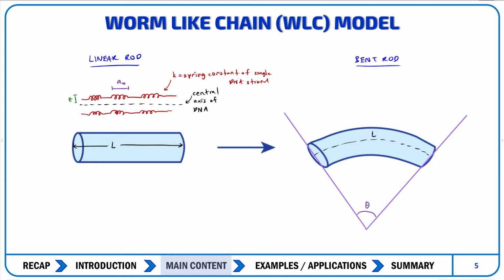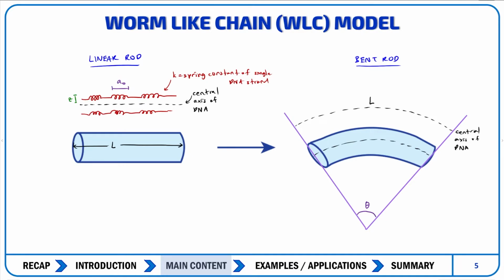And if I just extend it a little bit like this, I can consider this to be my central axis of DNA. Just like before, now the axis is bent, and we're just simply going to call this L. I don't want to make this diagram more busy than it is. I've essentially expanded this so that I have an example up top.